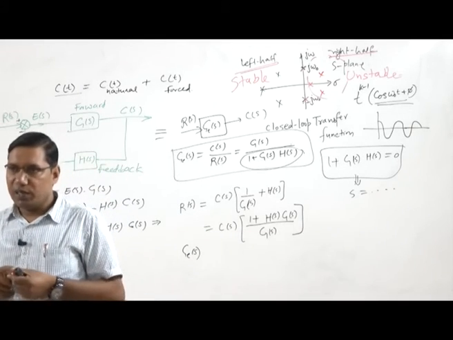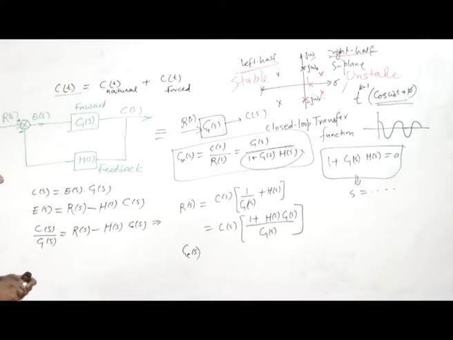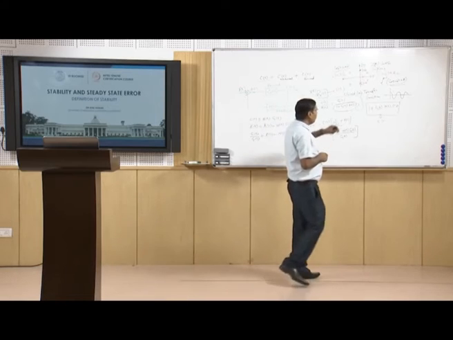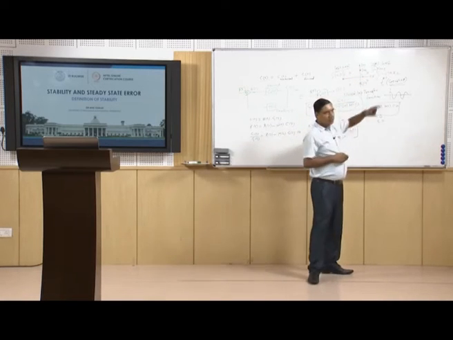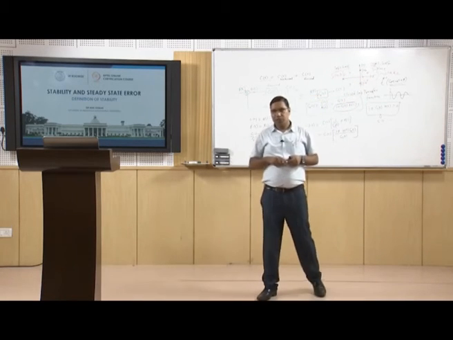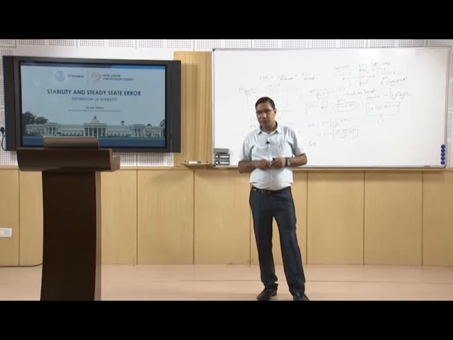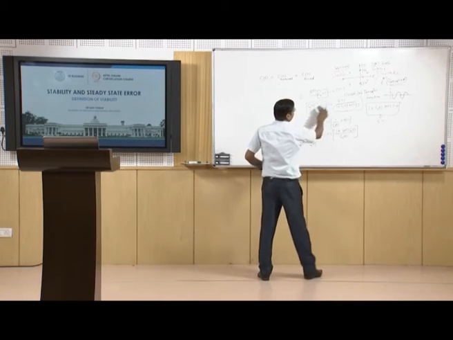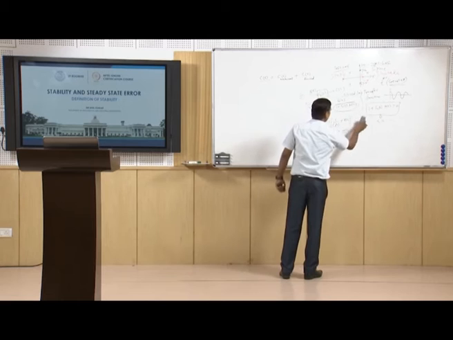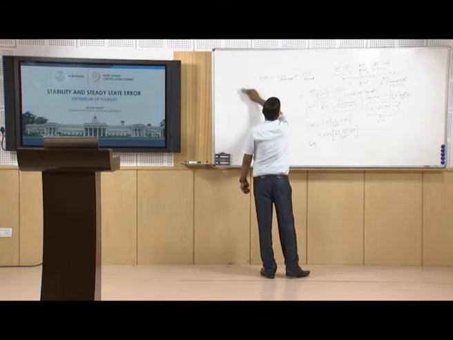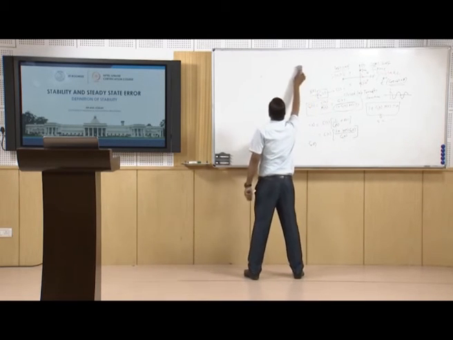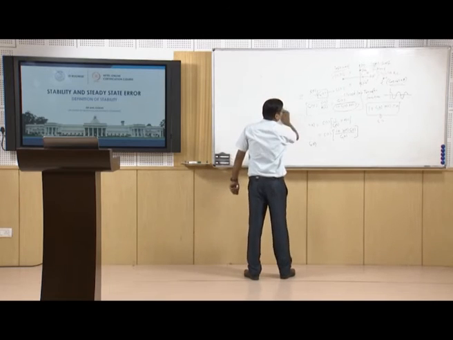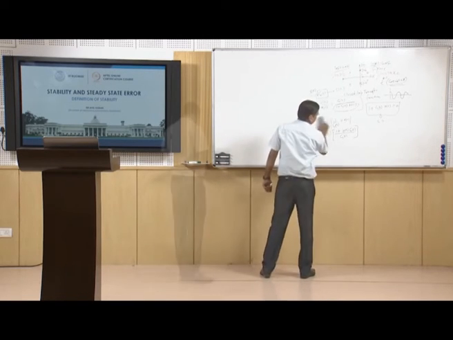But if the multiplicity is more than 1, then the system is unstable. So from the closed loop transfer function, we must calculate the poles, and not from the forward loop transfer function.